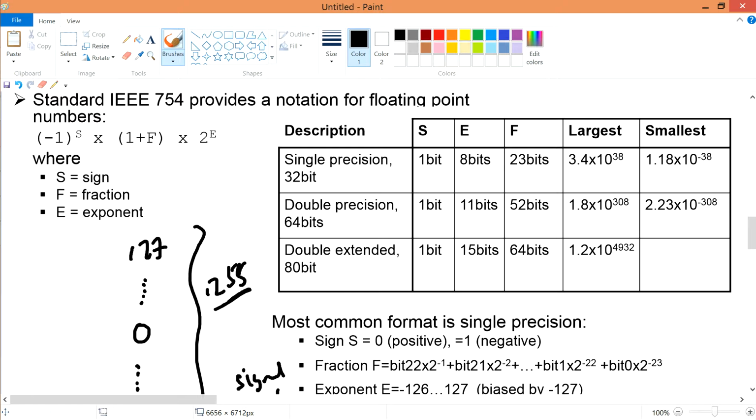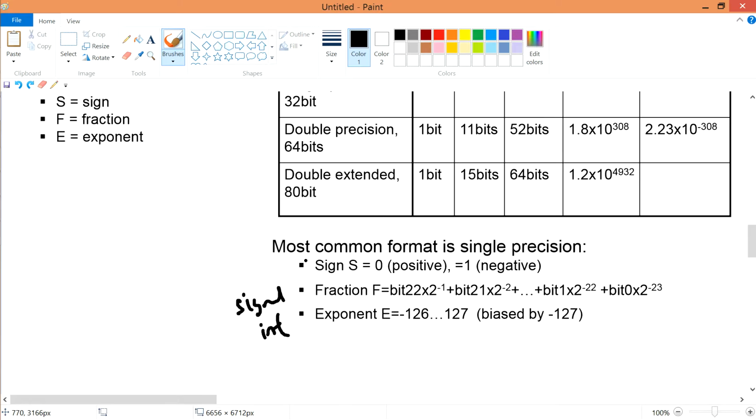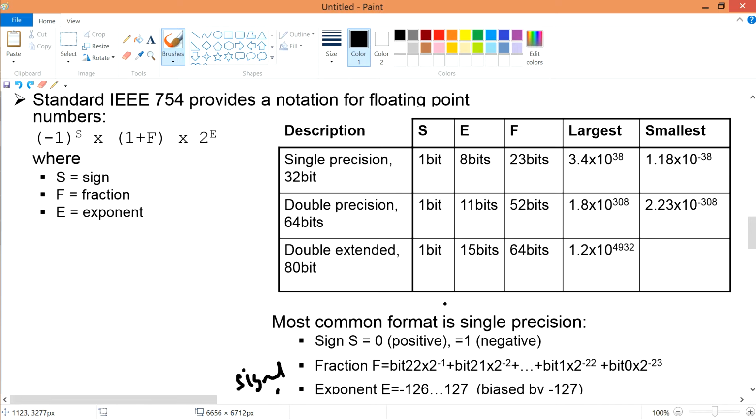Okay, because 8 bits is 256 minus 1, which is 255. By right, over here at the exponent, you should have 255 possible numbers, where the 255 possible numbers are all from minus 126 to 127. Okay, so yeah, this is the way.